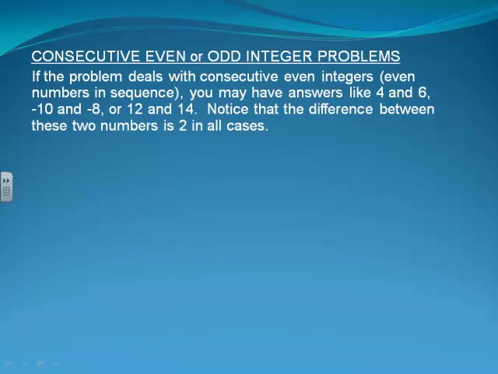Then the next one in line would be 8. The next one in line would be 10. Okay? Notice that for even integers, the difference between those numbers is not 1. It's 2 in all those cases. In other words, you'd have to take 4 and add not 1 but 2 to it to get to your next even integer.